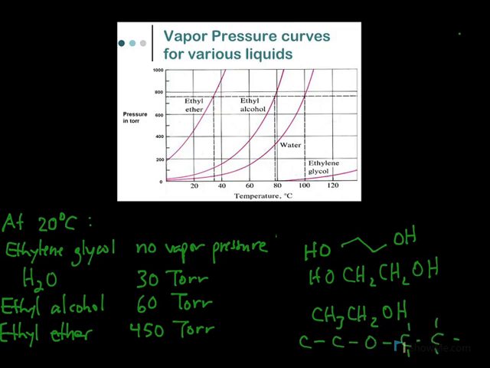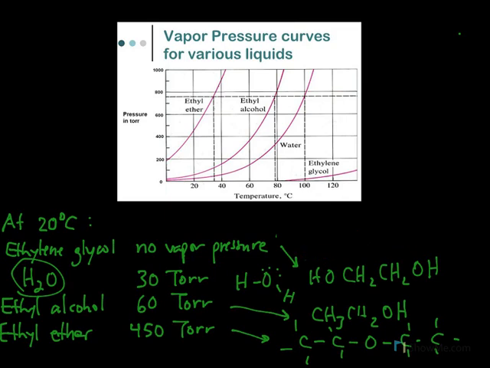Everything here has hydrogen, not on the oxygen. So, like this. This is ethyl ether. This is ethyl alcohol. We know, obviously, water, the little structure of water. And this is ethylene glycol.